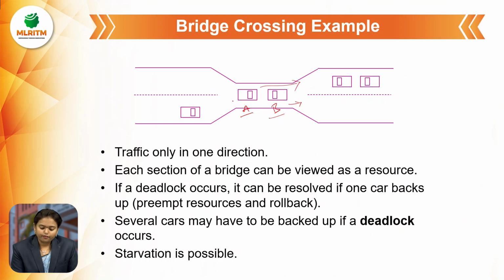Otherwise, if car A goes backward, then B will go. But if there are several cars, C and so on, several cars may have to back up if the deadlock occurs. In this case, starvation is possible.